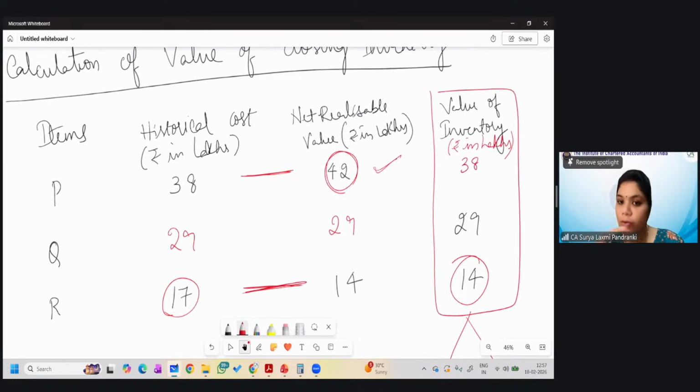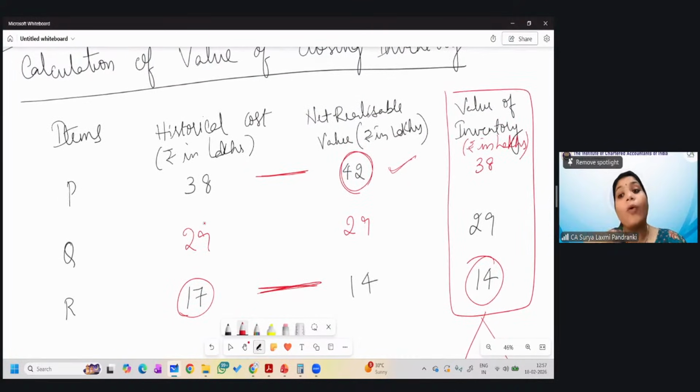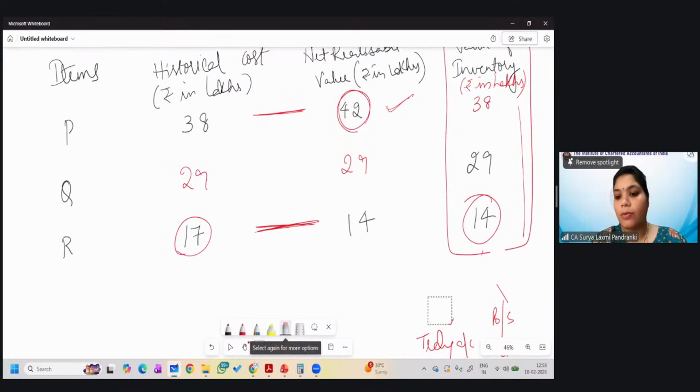So twice you'll have to show the value of inventory, closing inventory. What is the value you will show is this. These 3 are the values that you will have to show. Am I clear? So what is the total?